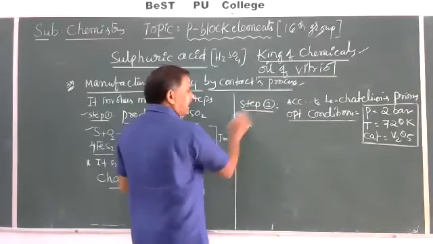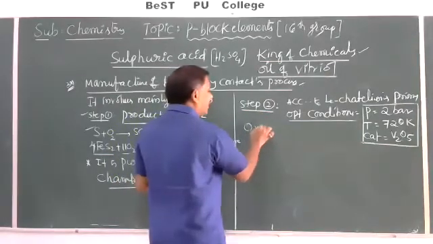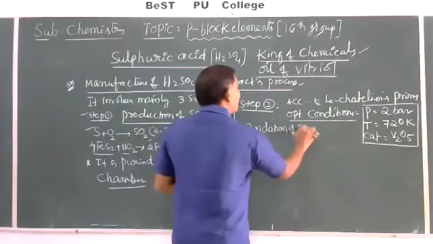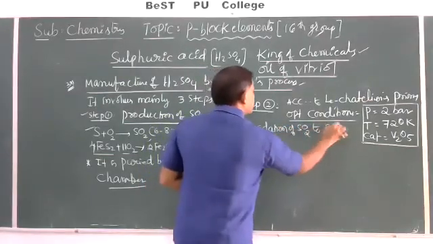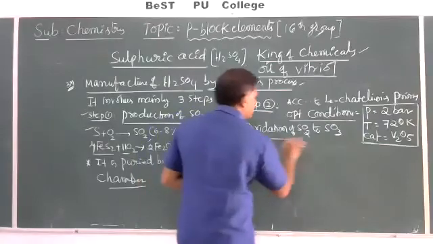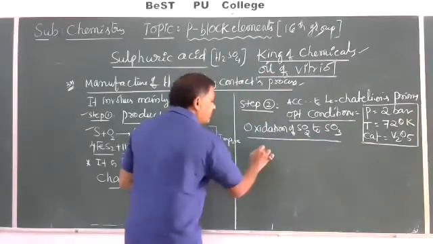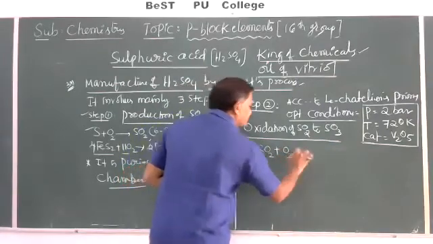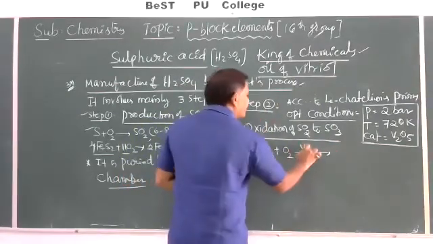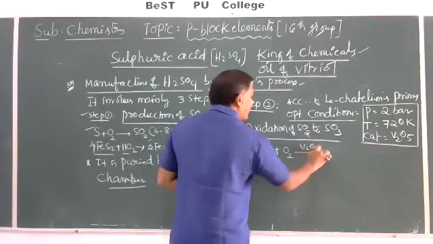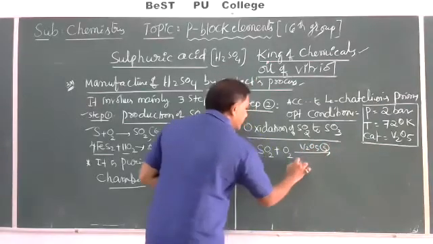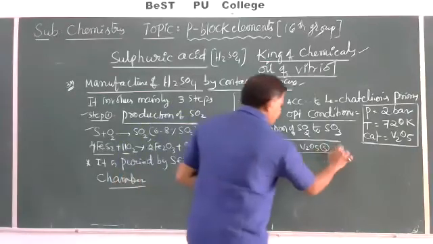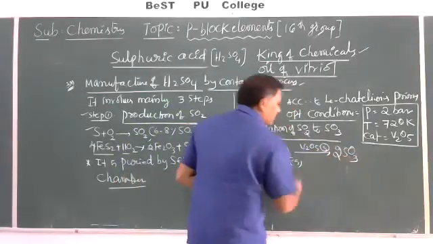So the second step is oxidation of sulfur dioxide to sulfur trioxide. The obtained pure sulfur dioxide is reacted with excess oxygen in the presence of catalyst, that is V2O5. It is a solid, it is a gas, it is a gas. Now 2 moles give 2 SO3.